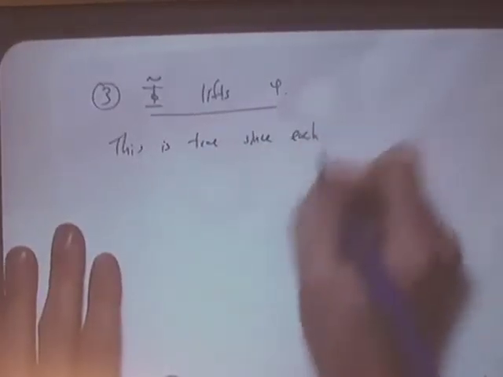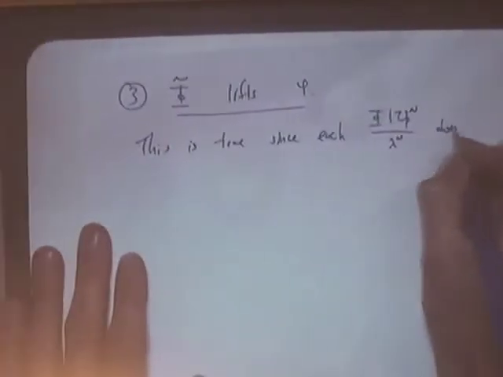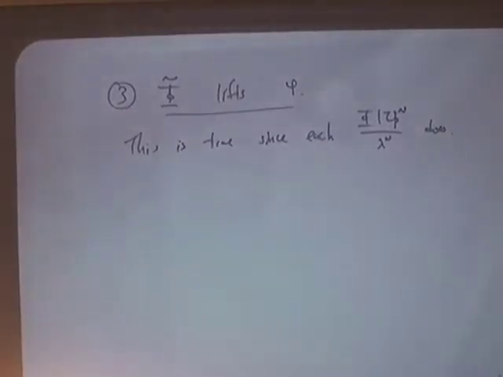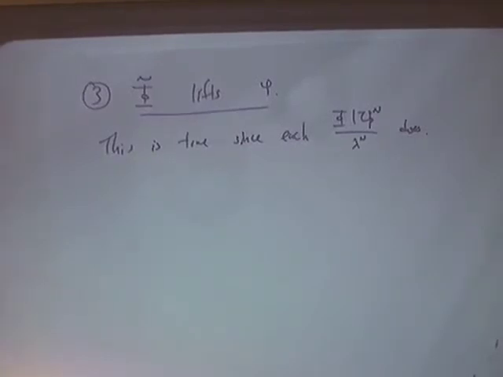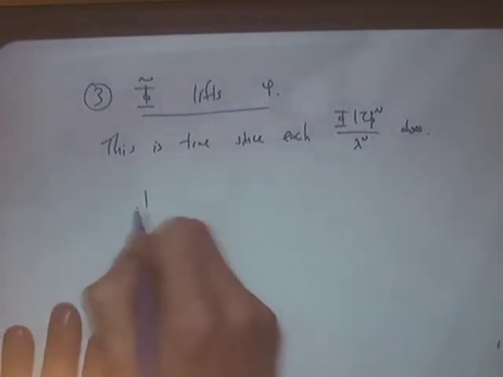Well, this is true since each term in the Cauchy sequence does, since each phi acted on by UP to the n over lambda to the n does. That's the argument I made for you before, that acting by UP over lambda doesn't change the specialization. And so if every single term in the sequence lifts phi, then their limit lifts phi. So that's fine. And why is it an eigensymbol?